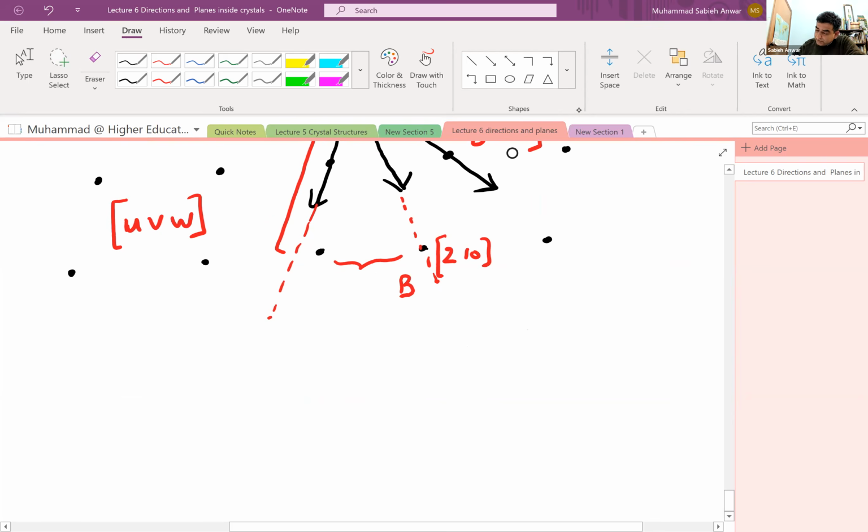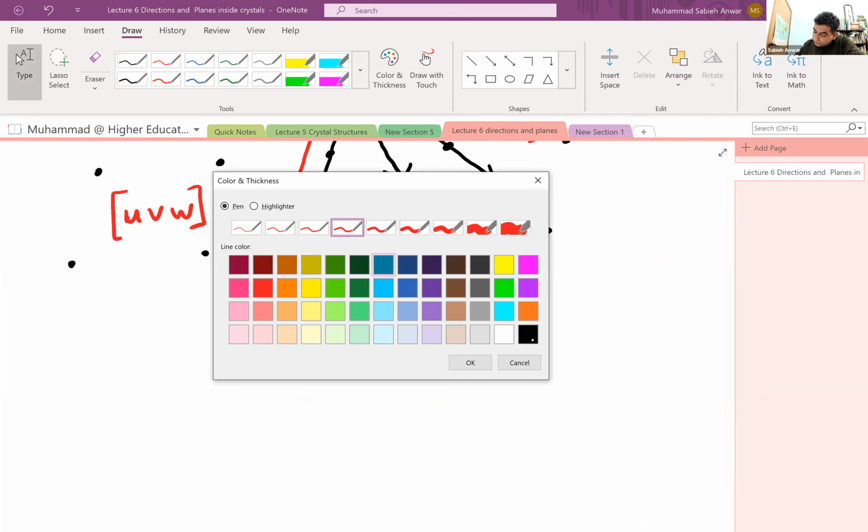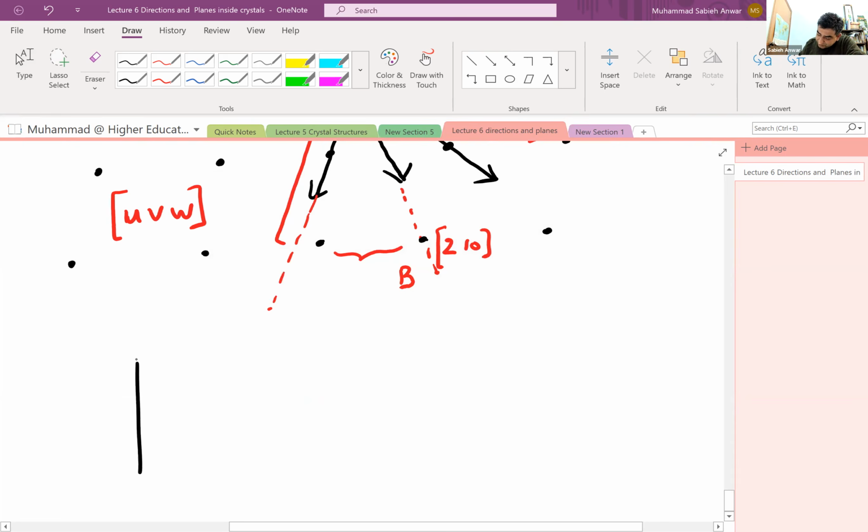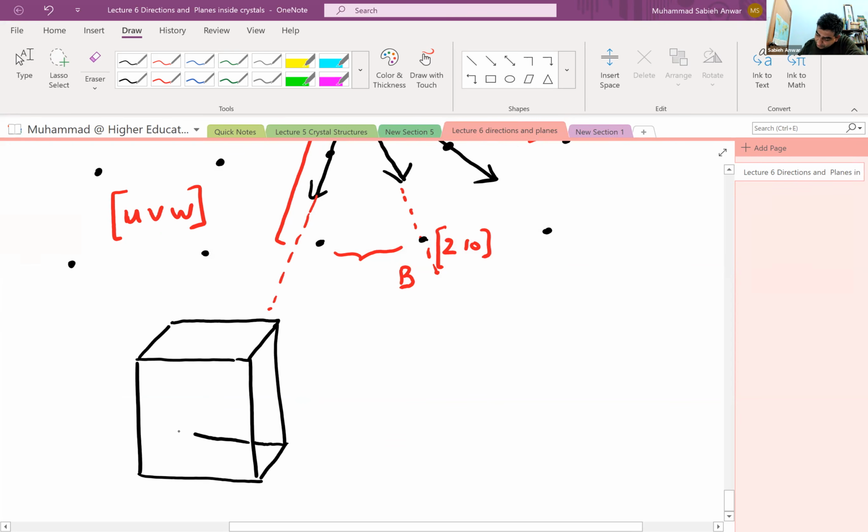I was talking about a cubic unit cell before the connection was severed. So let me draw this unit cell here, cubic.